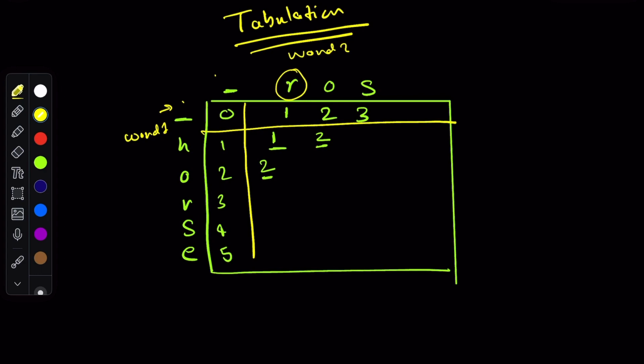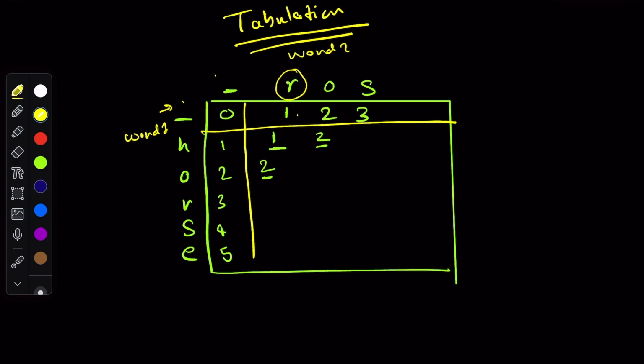Since we need to make word 1 into word 2, it will be just one insert operation, R, and then we will get the answer R. So we just need to put 1 here as the right answer for this sub-problem. Similarly, we can do this.